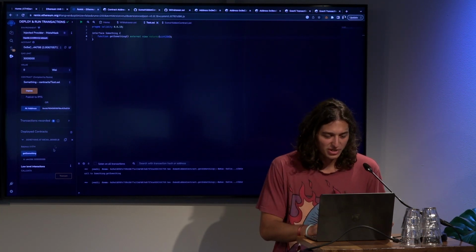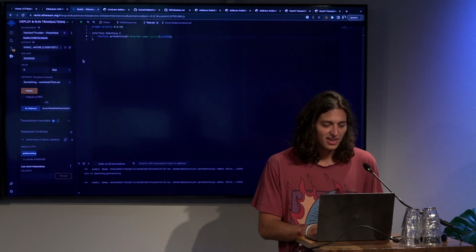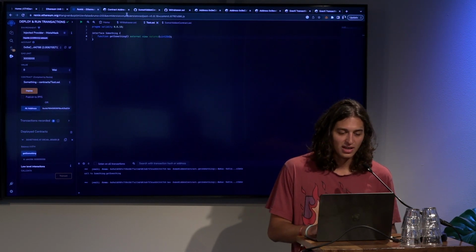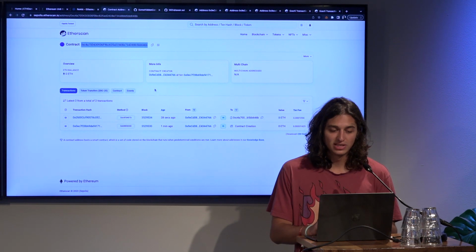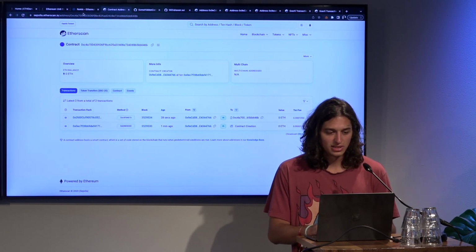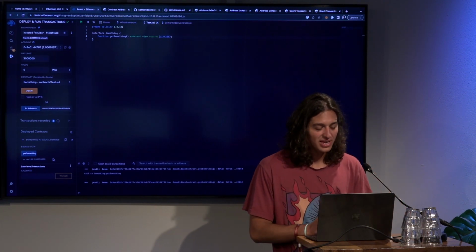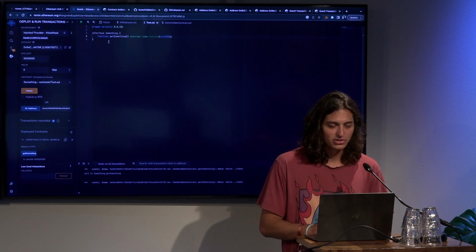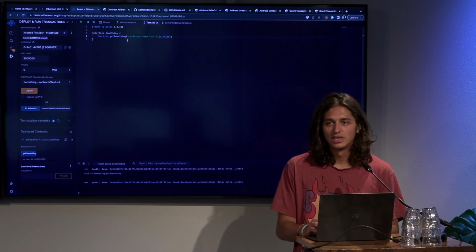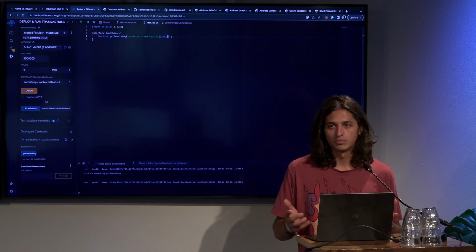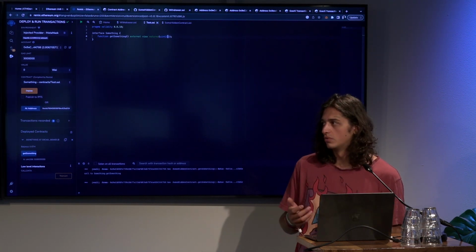So this way, we got data on chain without really knowing the full smart contract and without it being validated on chain. And the data is the same, like you can see, our 5 that we put there. And that's really easy. If you know any function, for example, it's really common that a smart contract has a function that is called owner, because a lot of smart contracts are ownable. They have some owner.